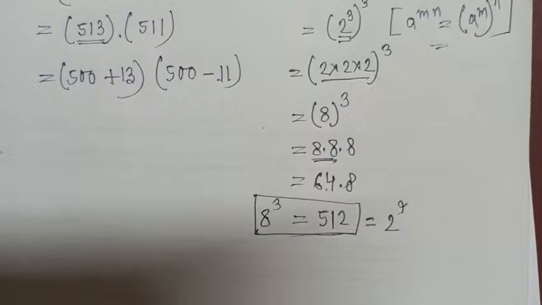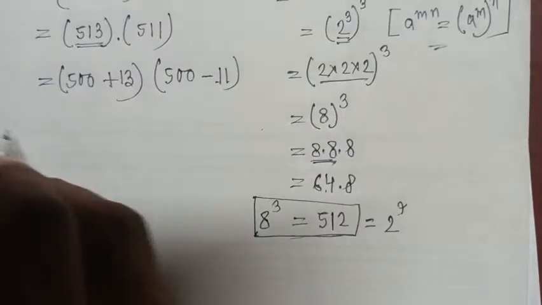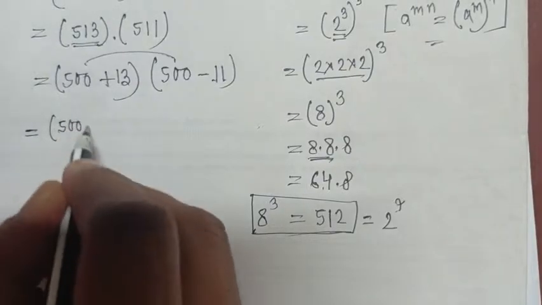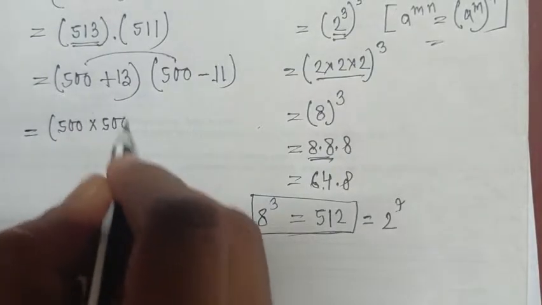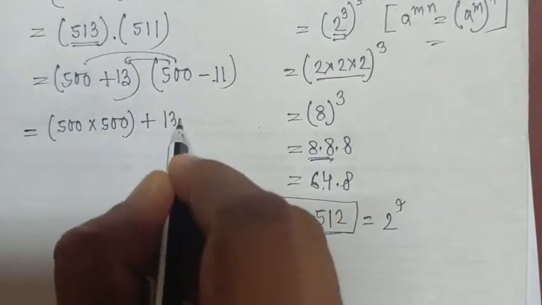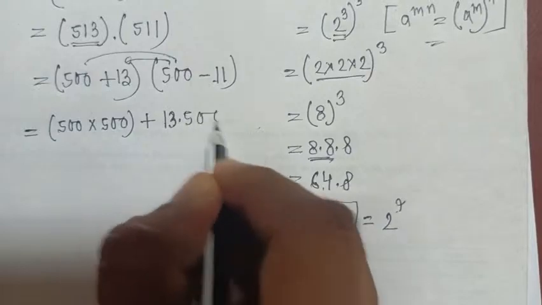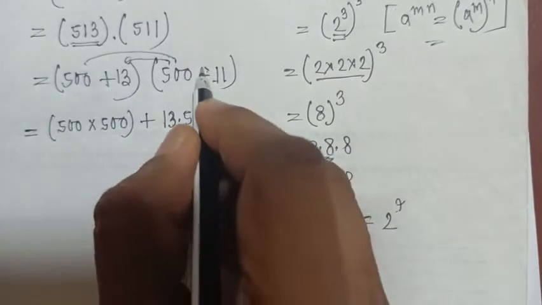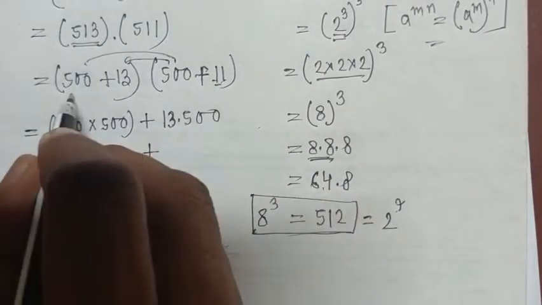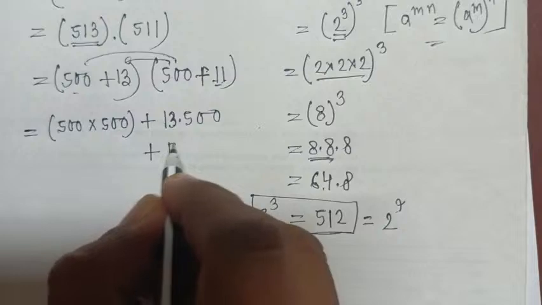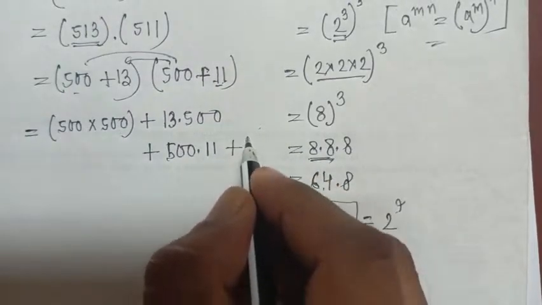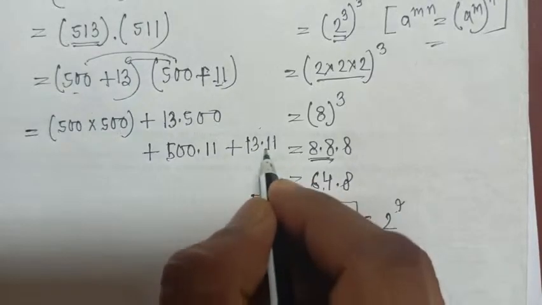Now we simply multiply this. 500 into 500, plus, sorry, this should be a plus sign, 500 into 13 minus 500 into 11, plus 13 into 11.